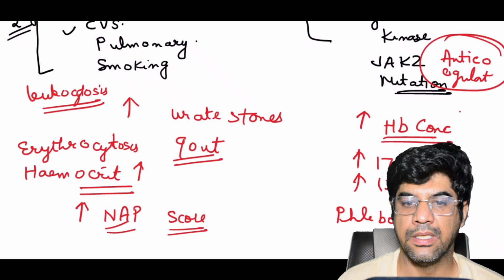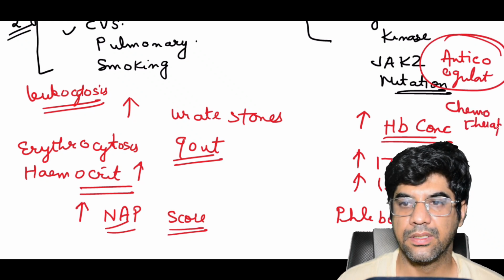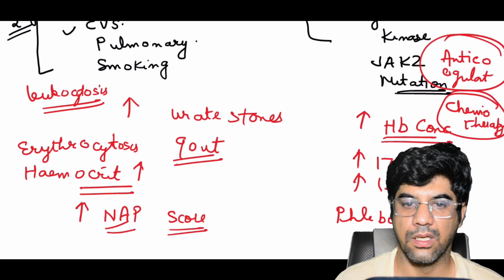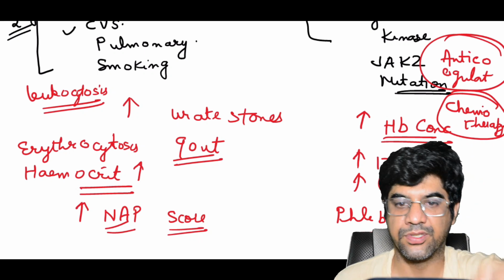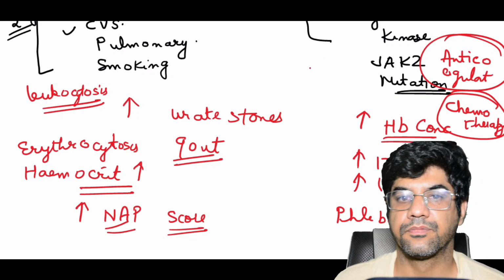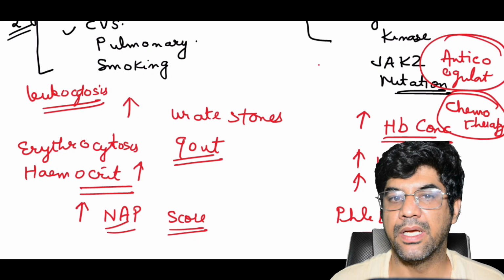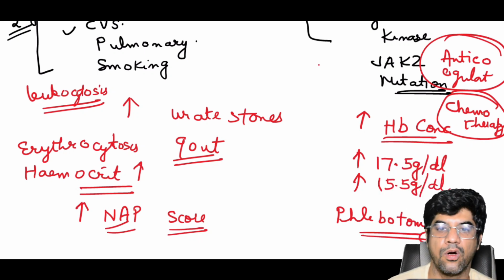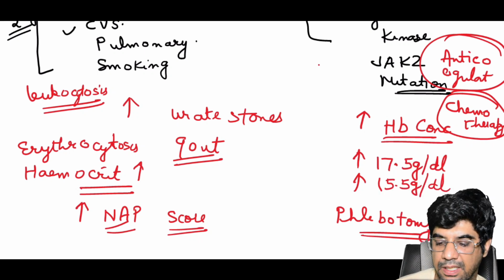Chemotherapy can be given in order to induce myelosuppression. Hyperuricemia. The major complication and cause of death in polycythemia vera is vascular thrombosis.